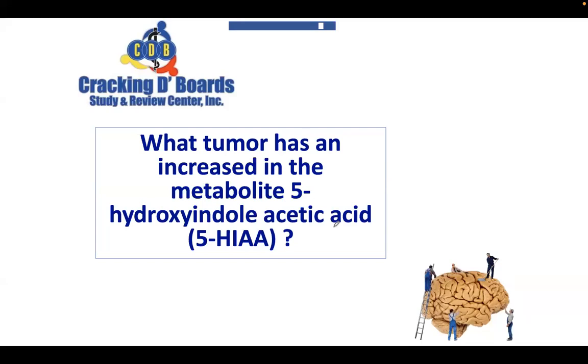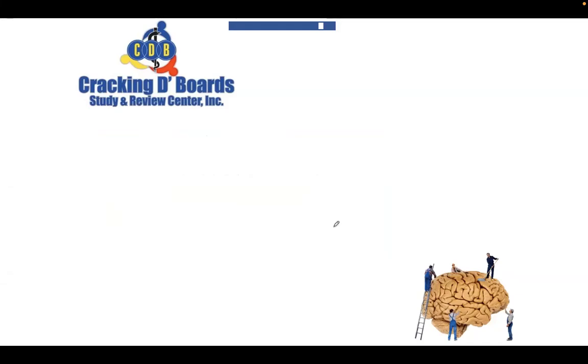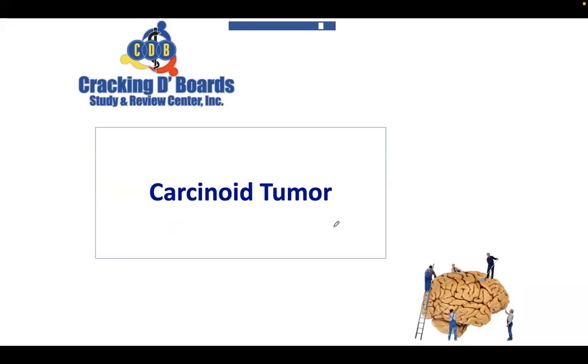Okay, very good. So memorize the 5-HIAA. This is, of course, a carcinoid tumor, which is usually located in the appendix.